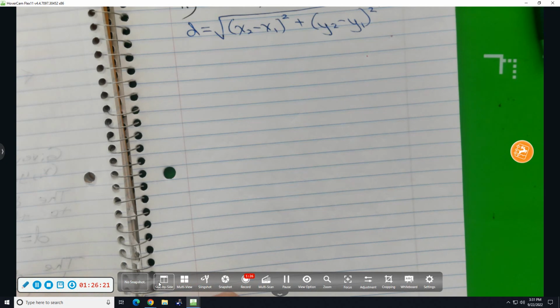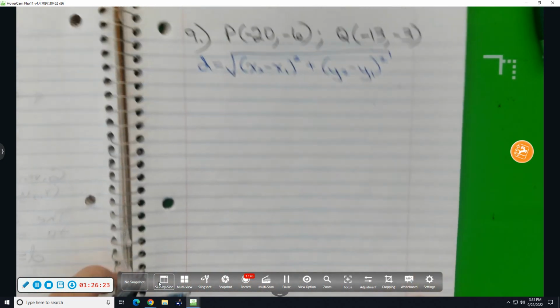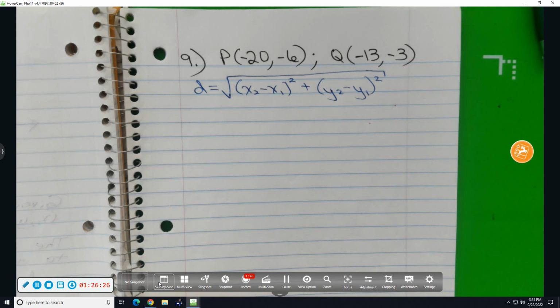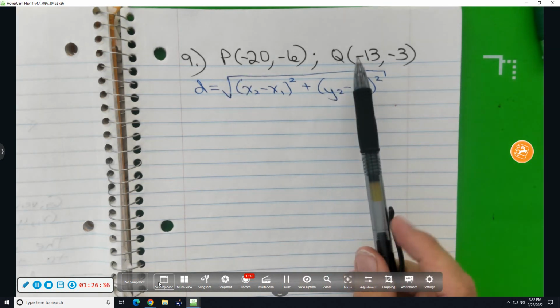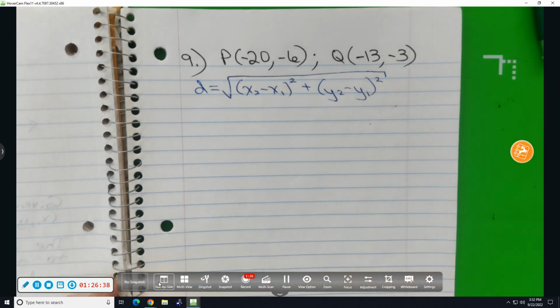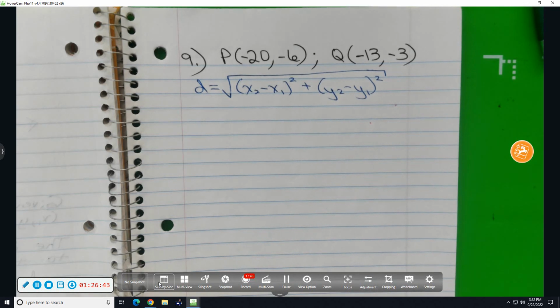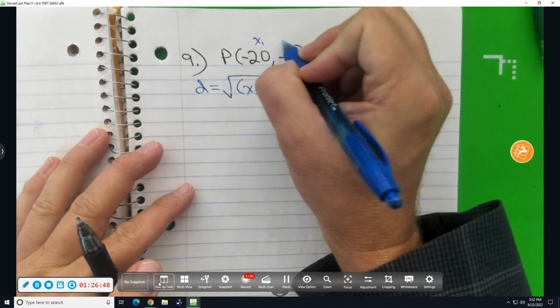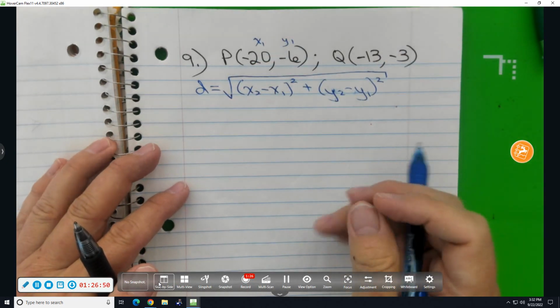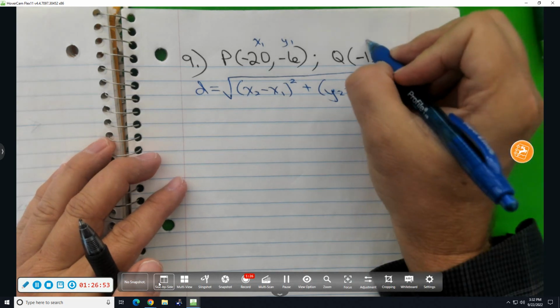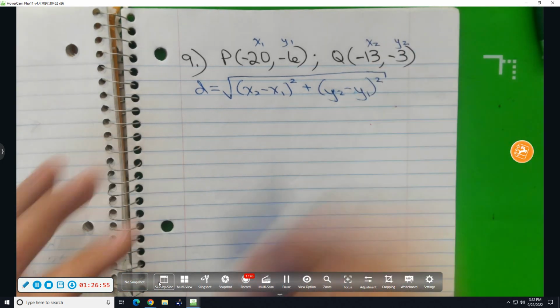What I like to do is actually identify x1, y1, x2, y2. The distance from P to Q is the same as the distance from Q to P, so it doesn't matter which one you consider x1, y1 or x2, y2. The first one I write down, generally that's what I think of as x1, y1. The second point I write down, that's x2, y2.